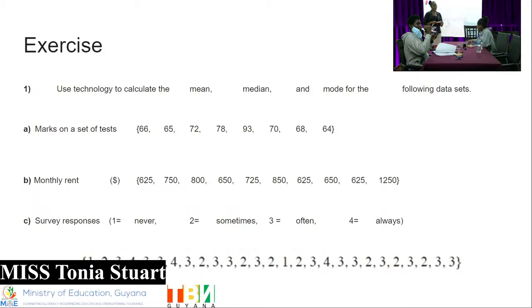Our median. So what do we have to do with those numbers to get our median? Arrange all those numbers in order before we can get our middle value. So let's go. We have 2 ones.